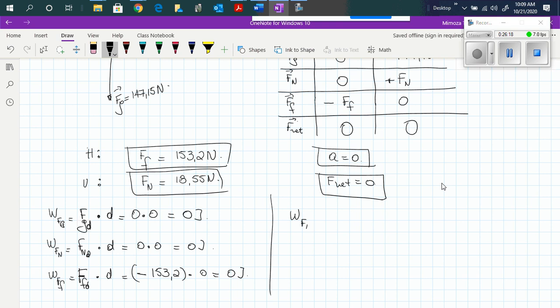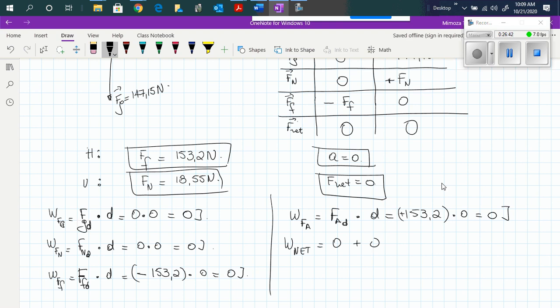The work done by force applied is the component of force applied along the displacement times the displacement, so 153.2 positive times 0 equals to 0 joules. Then work net will be the sum of all the work.